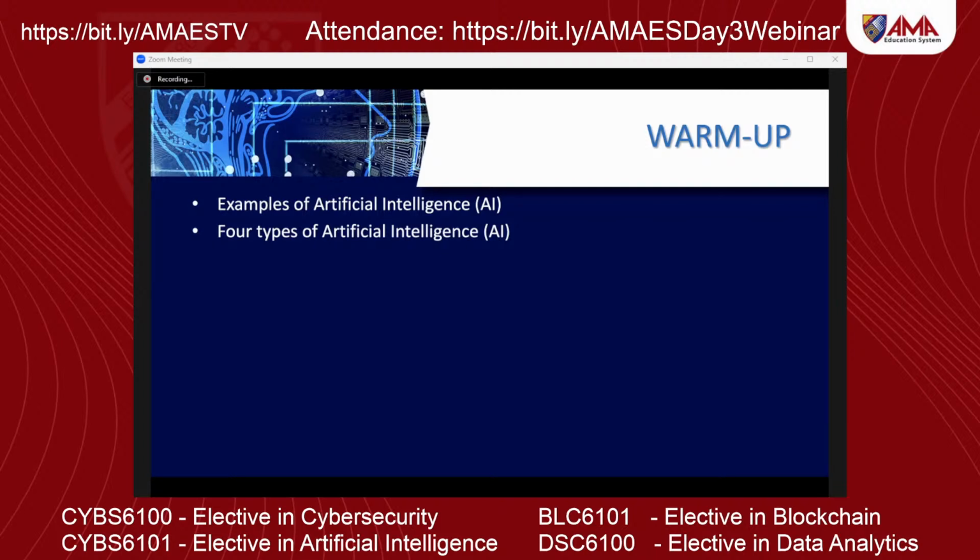Then the second type is the limited memory, which consists of three major machine learning models. We have the reinforcement learning, the LSTM or the long short term memory, and EGAN, which is the evolutionary generative adversarial networks. And then the third type is the theory of mind, and the fourth one is self awareness.